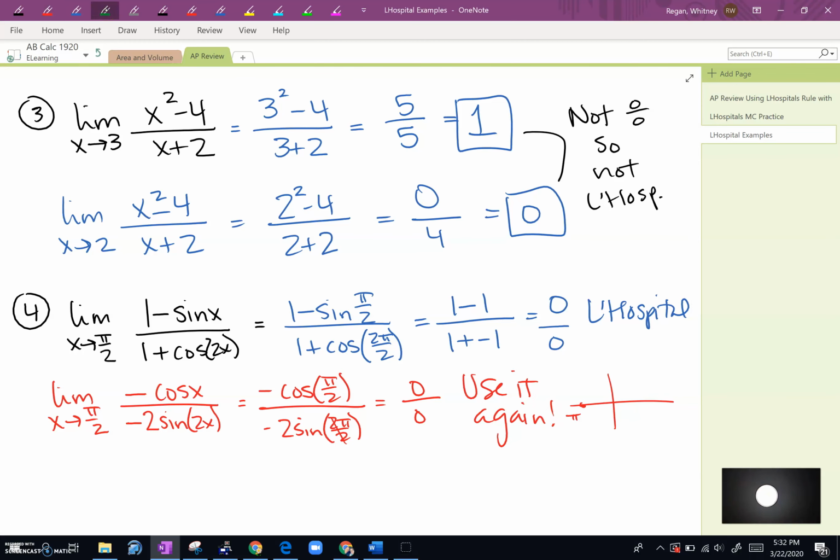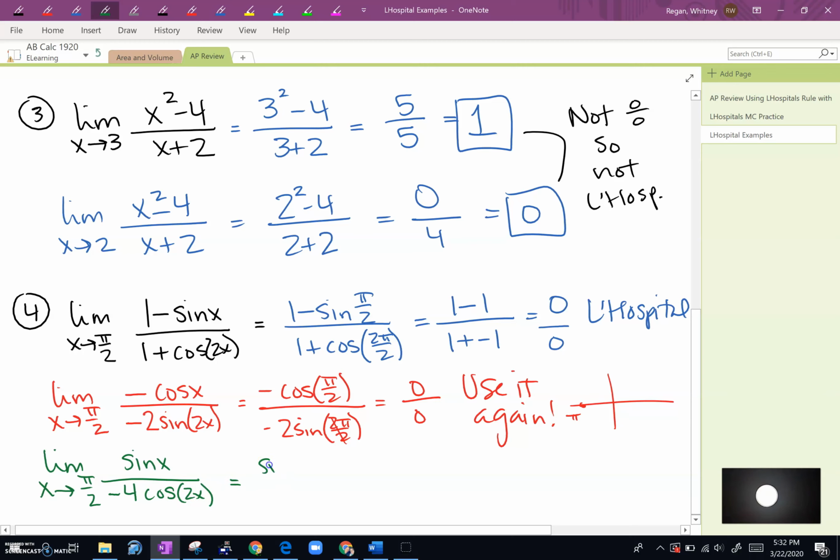So I'll go one more round. Let's see if this works for us. So x approaching pi over 2. This will end up being positive sine x over negative, sine is going to stay negative, so now negative 4 cosine 2x.